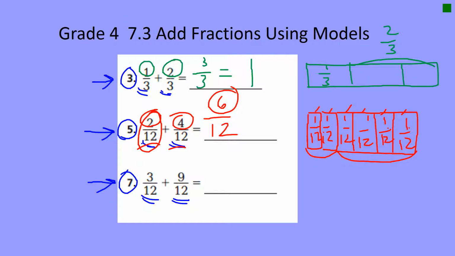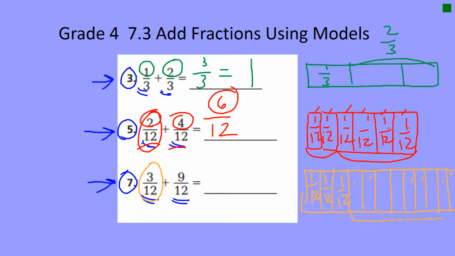Again with the 12ths, with the little teeny pieces. Okay, let's see. 1/12, 1/12, 1/12. There are 3/12ths plus 9/12ths. 1, 2, 3, 4, 5, 6. 1, 2, 3, 4, 5, 6, 7, 8, 9. You can barely see that one.